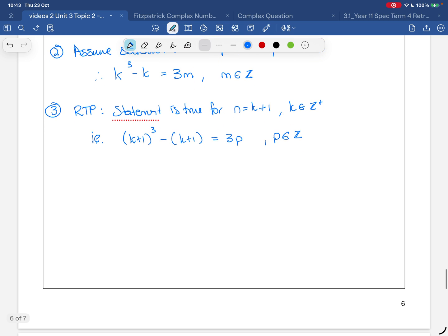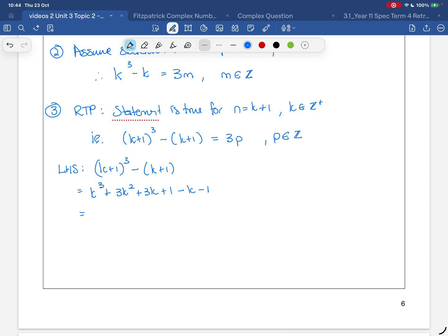All right, so let's have a look at our left hand side. We've got k plus 1 cubed minus k plus 1, and if I expand that, I'm going to have k cubed plus 3k squared, and you can use binomial expansion, Pascal's triangle, plus 3k plus 1 minus k minus 1.